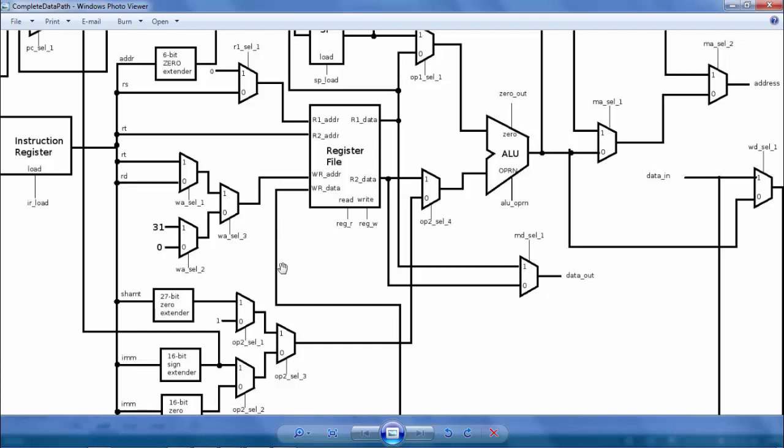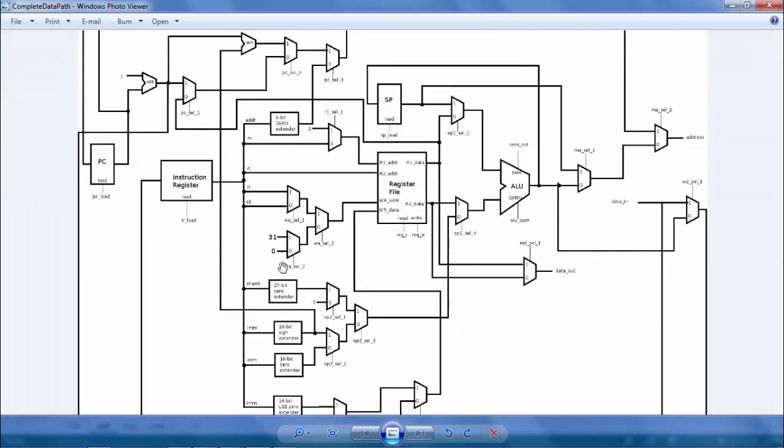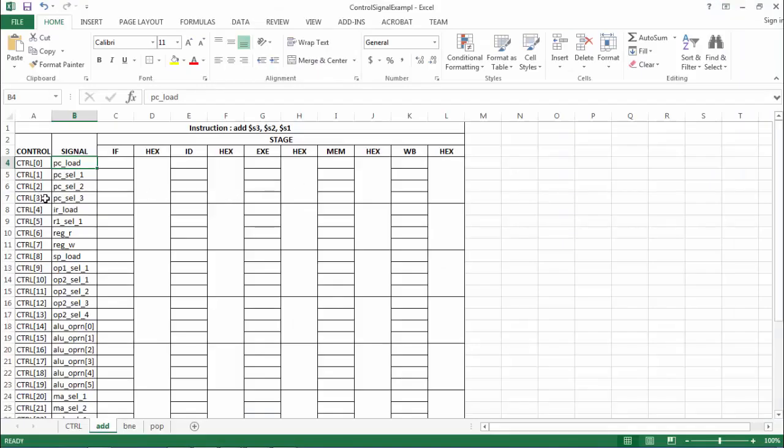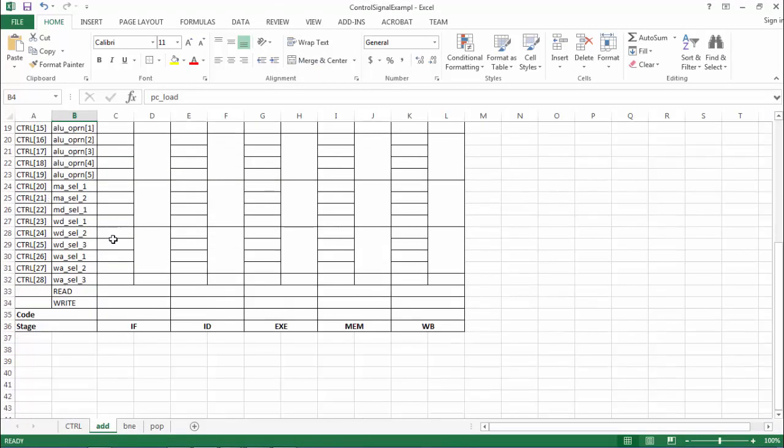So these control signals are connected to each of the individual control signals in the data path, and they are the maps. For example, the ALU operation fifth bit is connected to the control signal generated from the controller bus, the 20th bit, basically index 19.